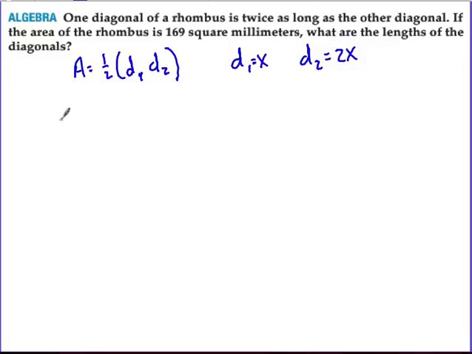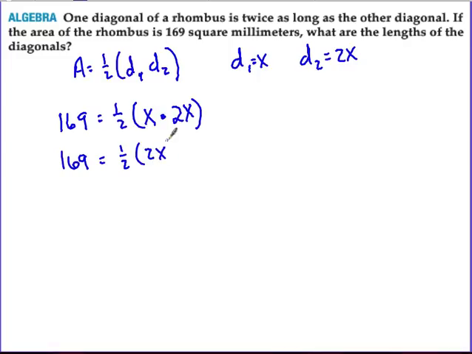The area is 169 millimeters squared. 169 equals 1/2. Diagonal 1 will be x times diagonal 2, which is 2x. So 169 equals 1/2. X times 2x is just going to be 2x squared.